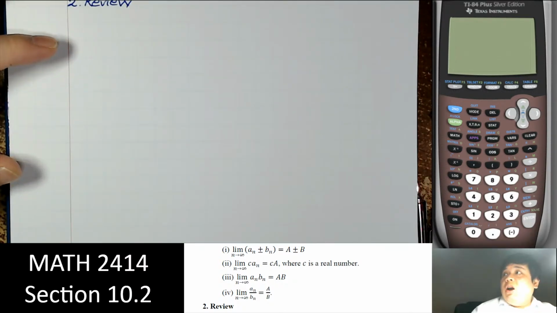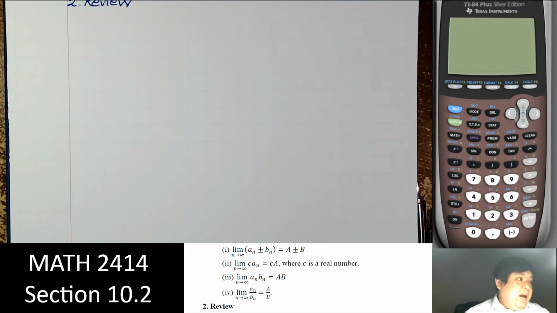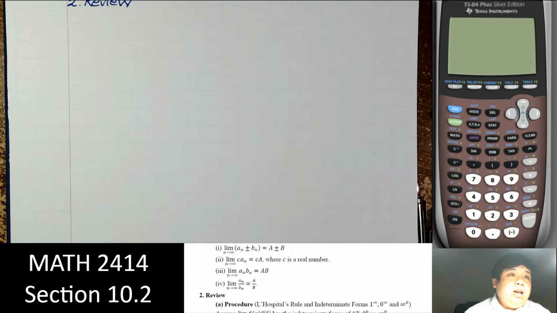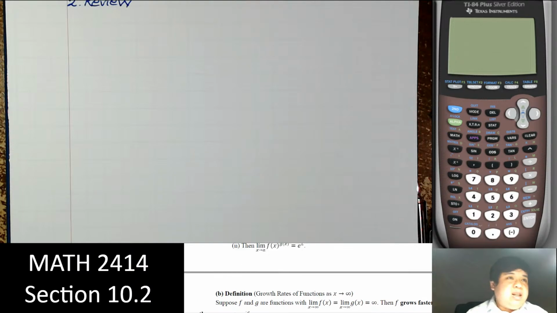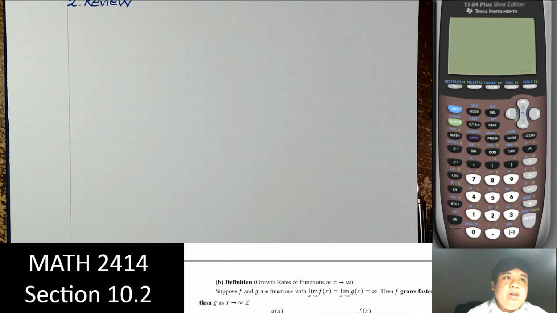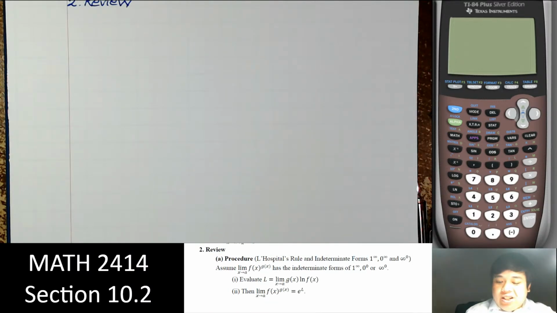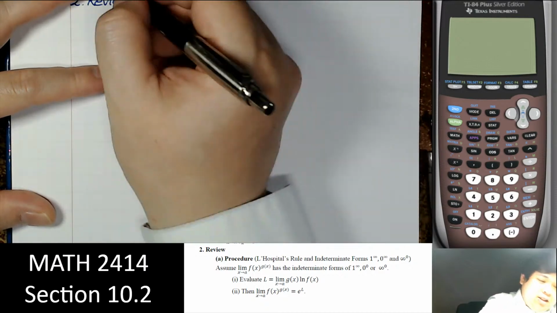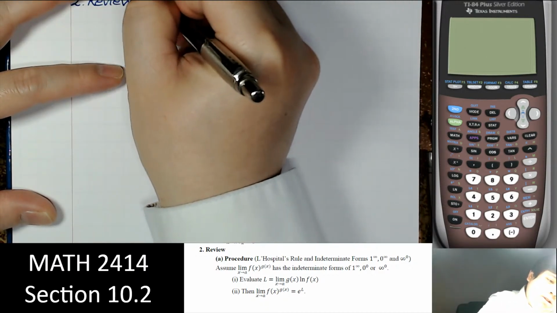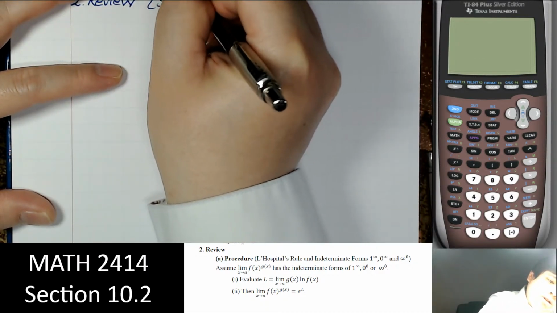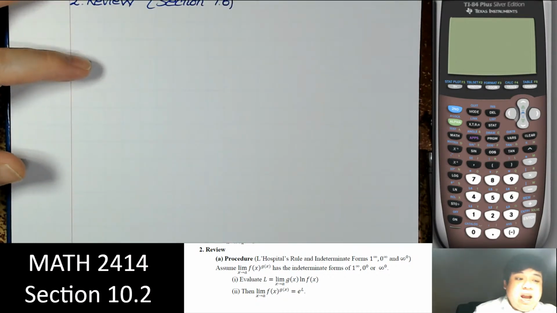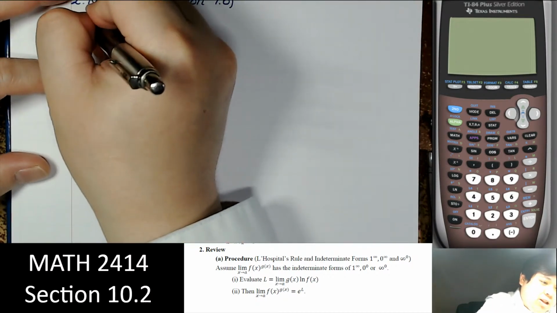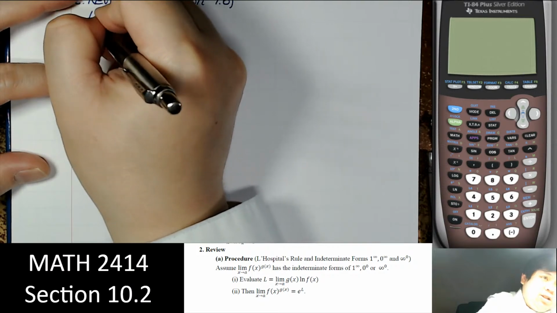So since we talk a lot about limit and important things about limit, sometimes we have to use the L'Hopital rule. And now this next part is just the review of section 7.6. This will come in handy a lot in this chapter.